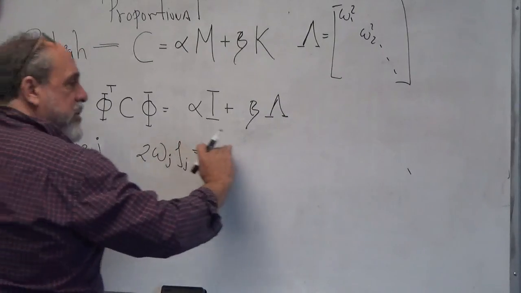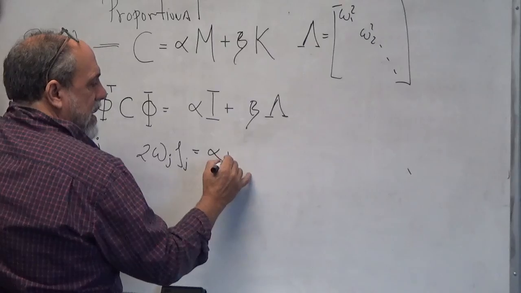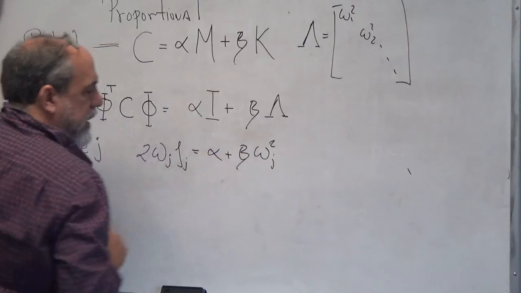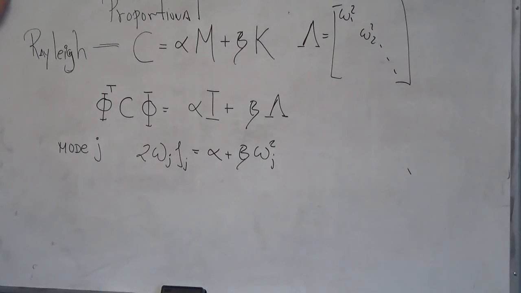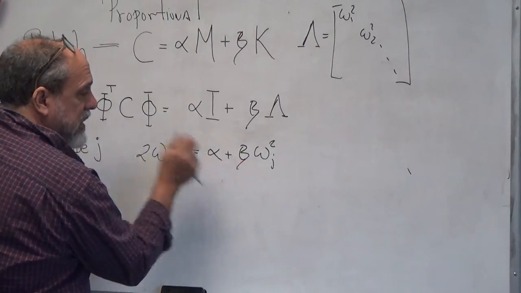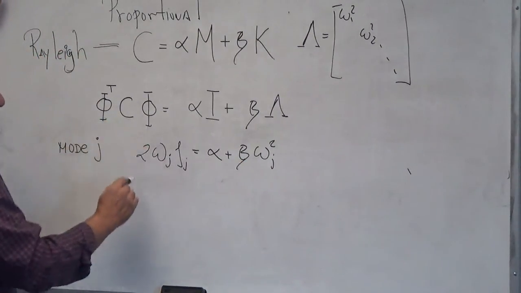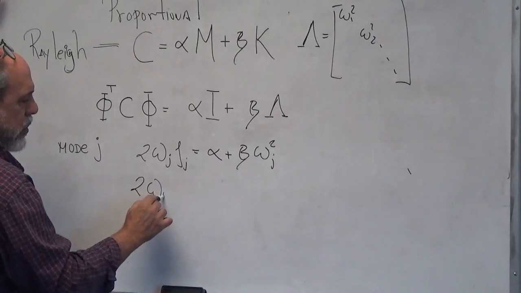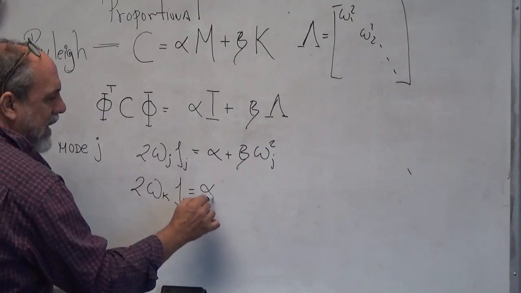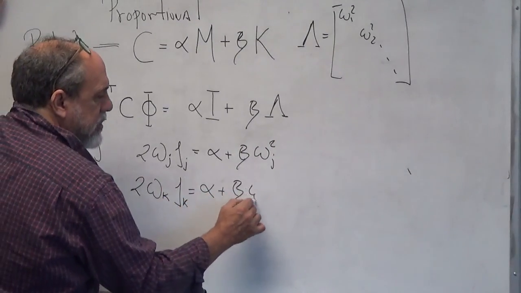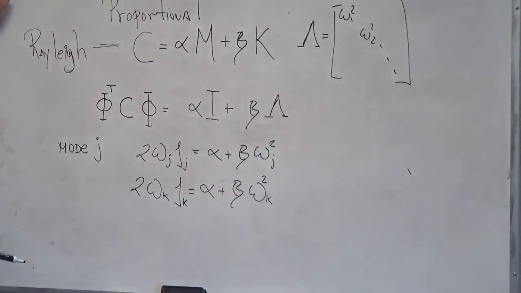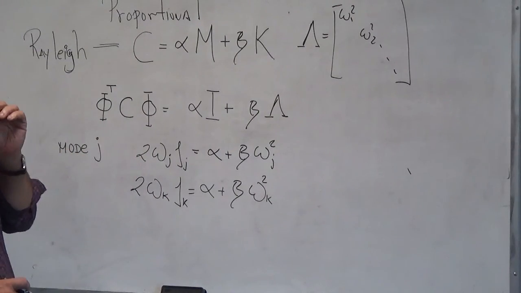And on the right side, on the Jth row, we would have alpha plus beta times omega J squared, right? Now I have one equation but two unknowns. Since I want a way to fix the two unknowns, I want another equation. So let's say I take another mode, and I take 2 omega k times the damping k is equal to alpha plus beta times omega of the mode k squared. Now that's easy, because now I have two equations with two unknowns, right?